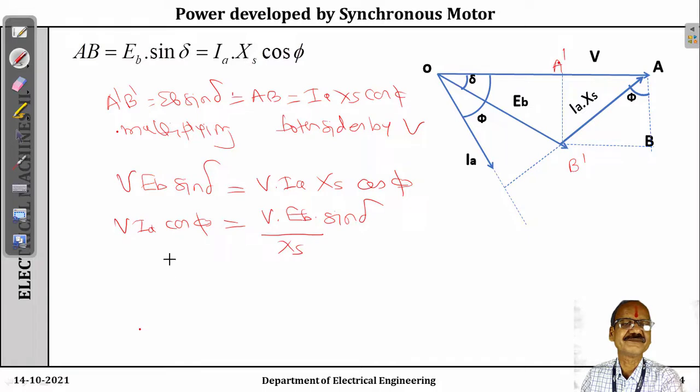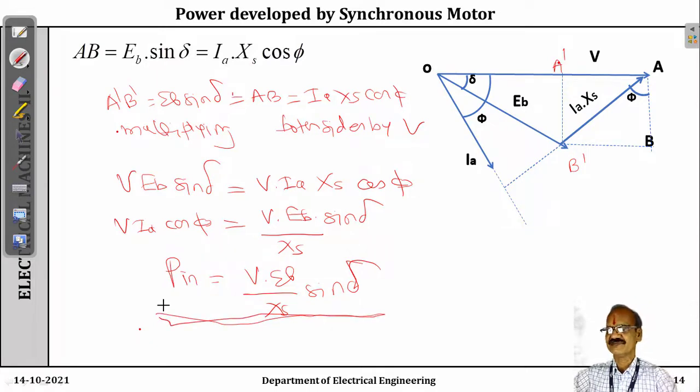This is nothing but P_in equal to (V E_b / X_s) sin δ. So this is the power input. This is the expression for the power, or power generated by the synchronous motor. Okay, we'll stop here.